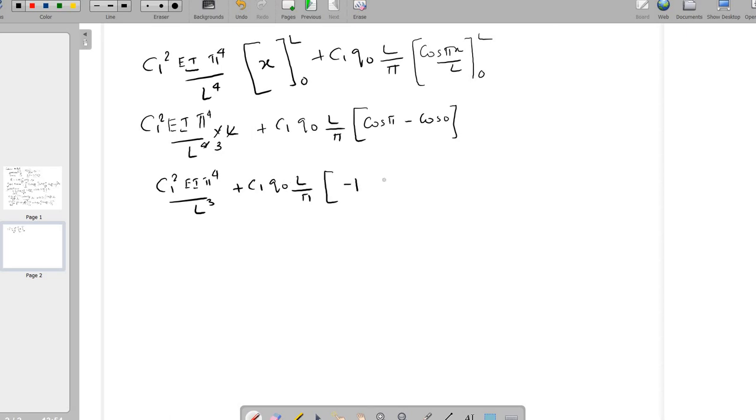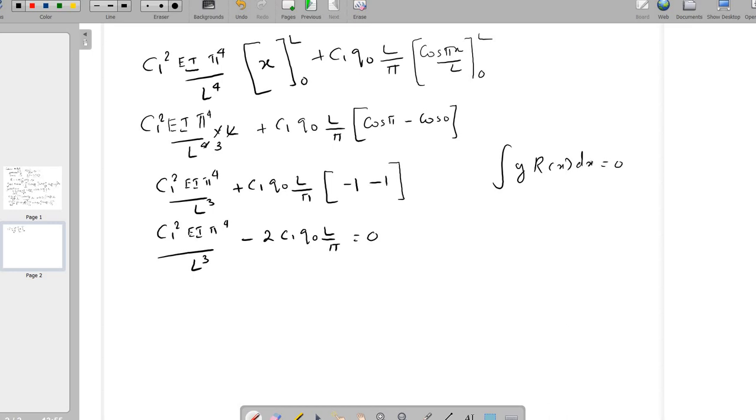Cos pi is minus 1. Here cos 0 is 1. So it will come as minus 2. C1 square EI pi power 4 by L cube minus 2 C1 Q naught L by pi, which is equal to 0. According to our condition, the integral of V of x into R of x dx should be minimum, that is should be 0.